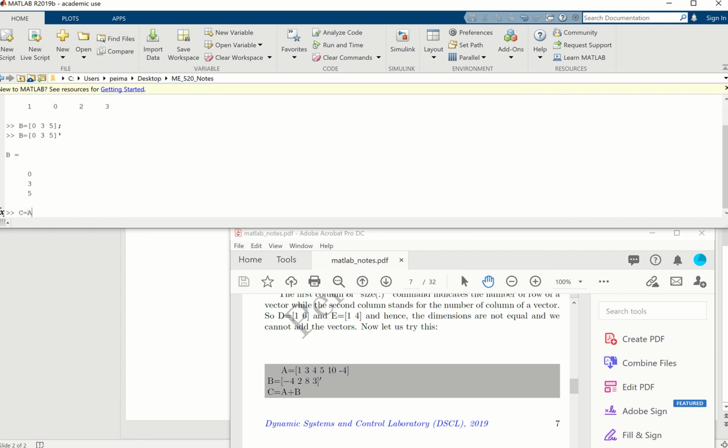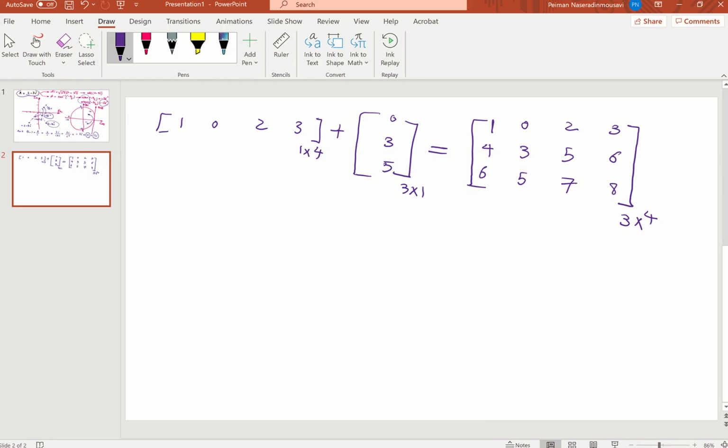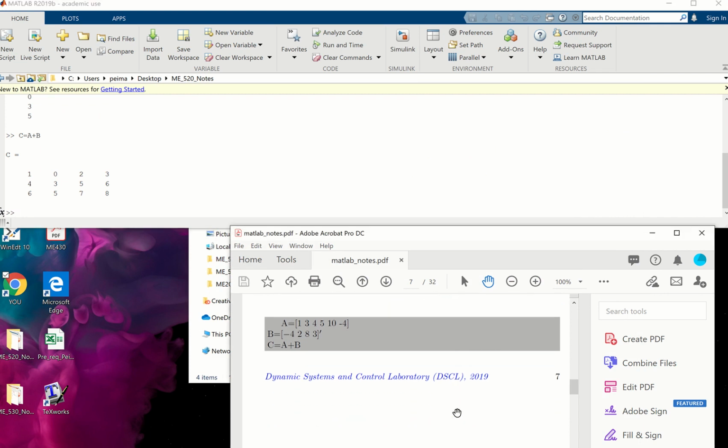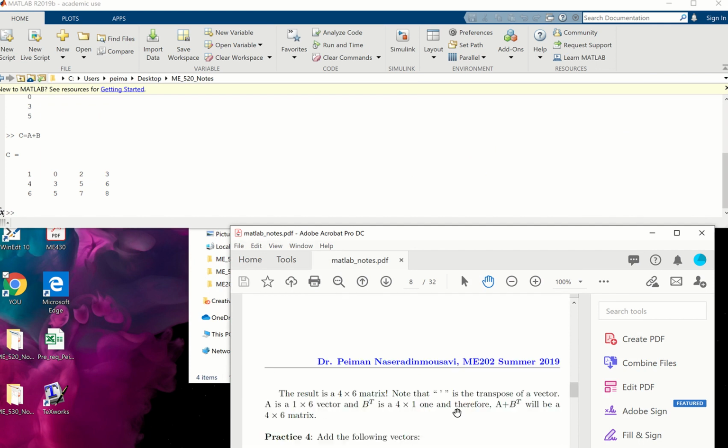So C is equal to A plus B, exactly what we calculated here. See here. It's perfect from algebra. But if you have two rows or two columns whose dimensions are not the same, you get a syntax error.